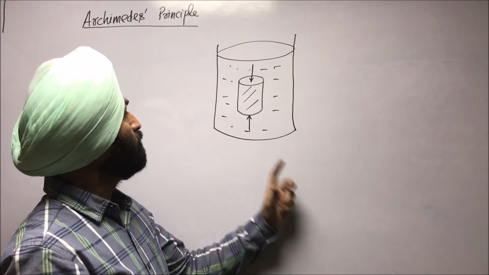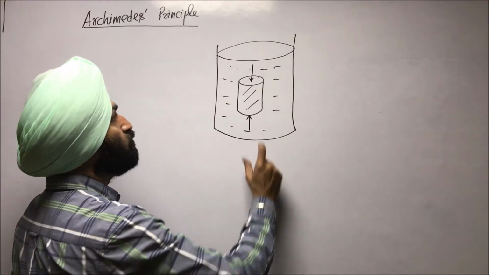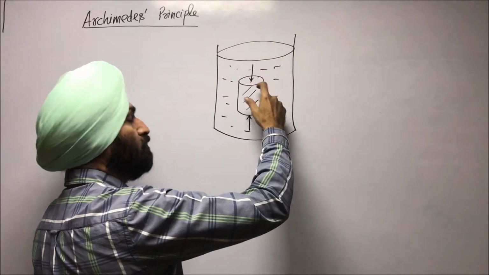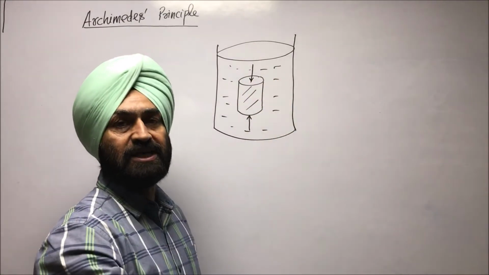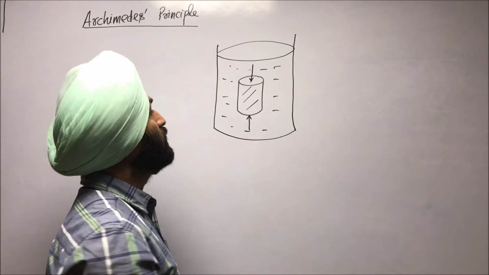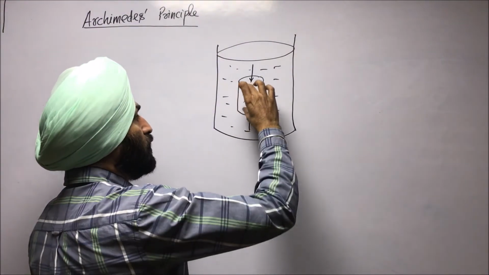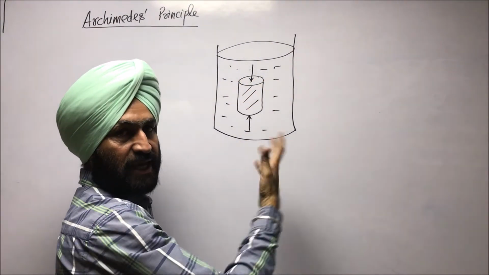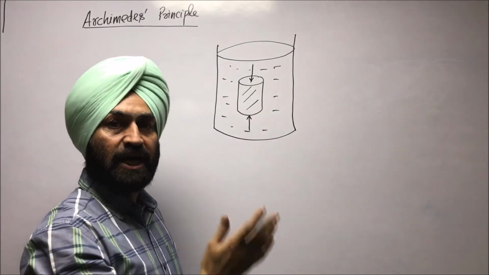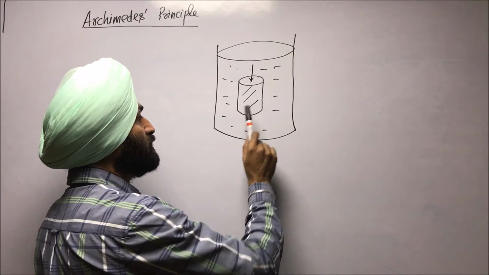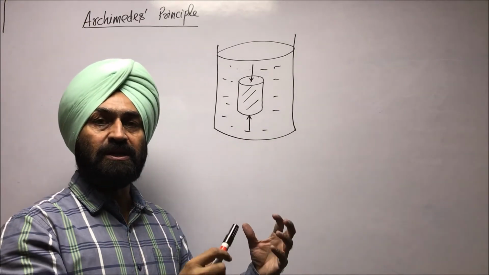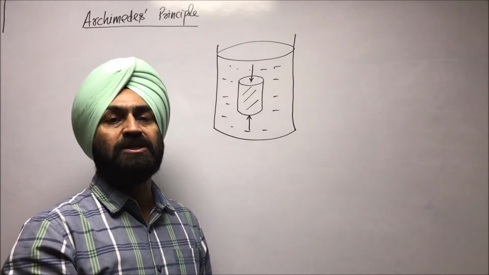If you put an object made up of anything into water or a gas, that is any fluid, the object experiences an upward force known as upthrust, also known as buoyant force, which makes the object feel a little lighter in water.